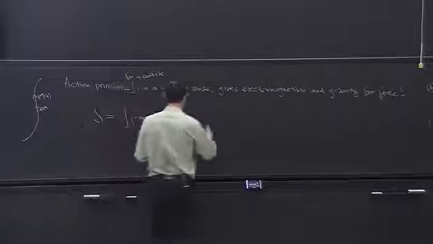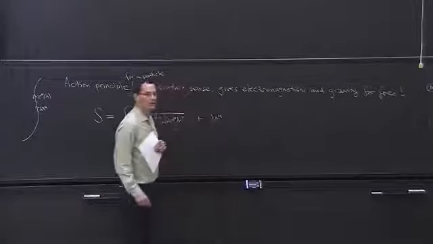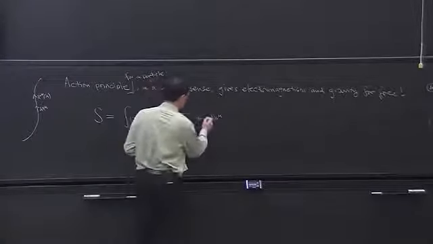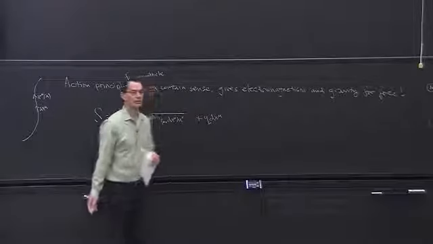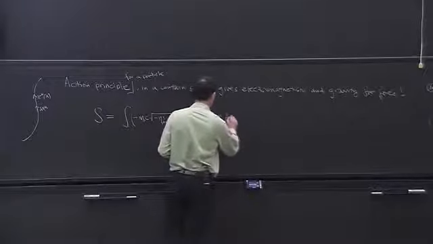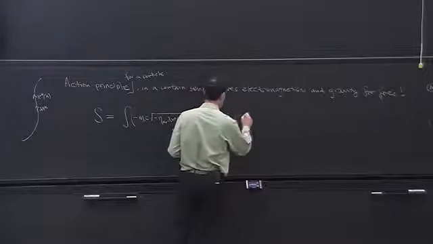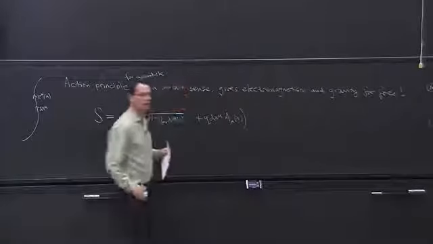So I want to couple dx mu. I'm going to have an arbitrary coefficient, so I'll call that the electric charge. What? Any vector field. Any vector field. So let's call it A mu. Okay, so A mu is going to be a function of the x's.